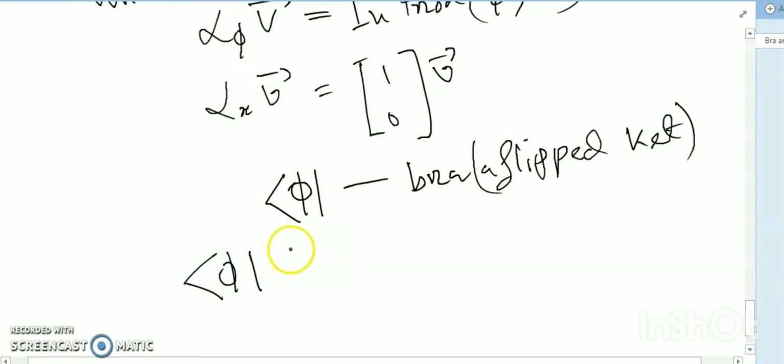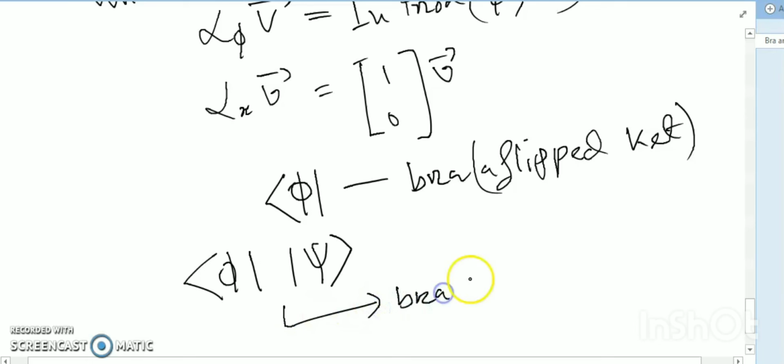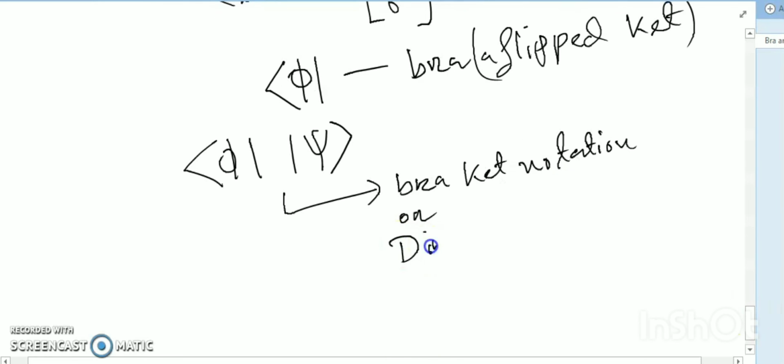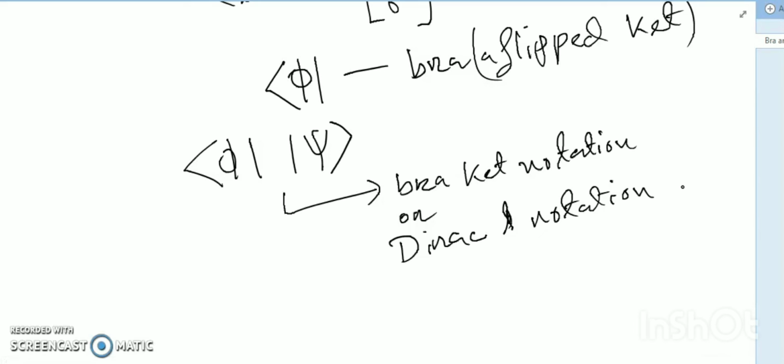Bra-ket notation is also called Dirac notation. He was the first to use it in quantum mechanics.